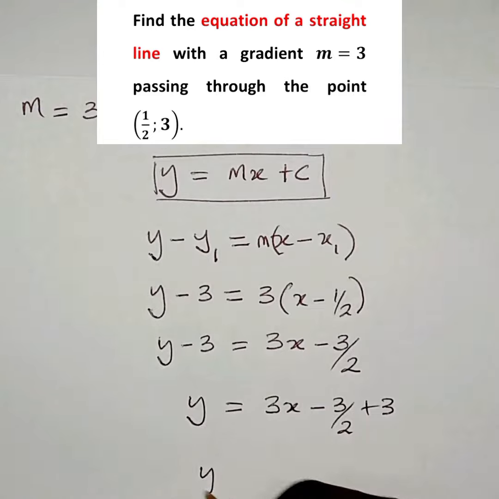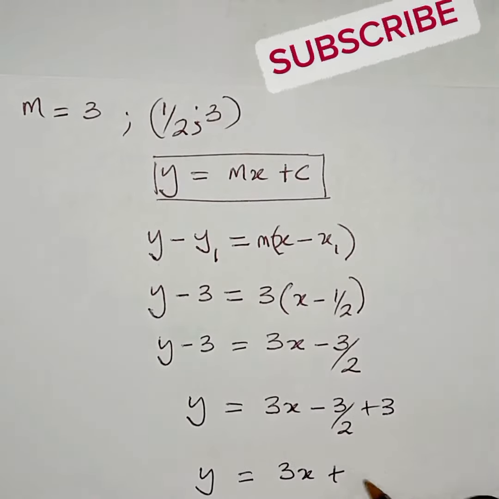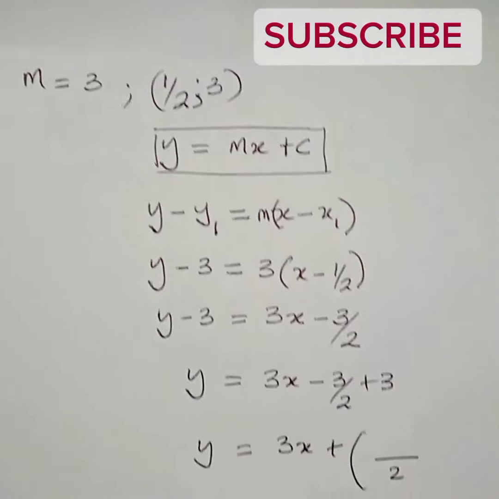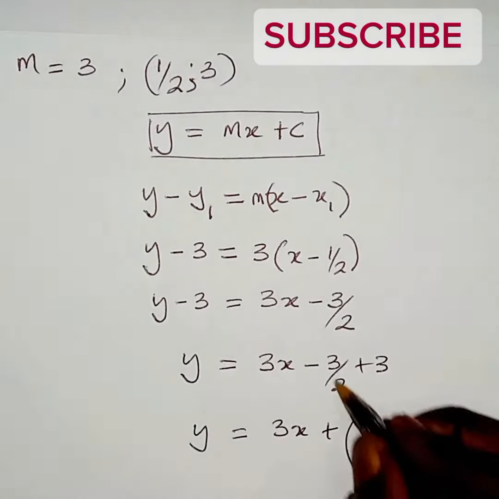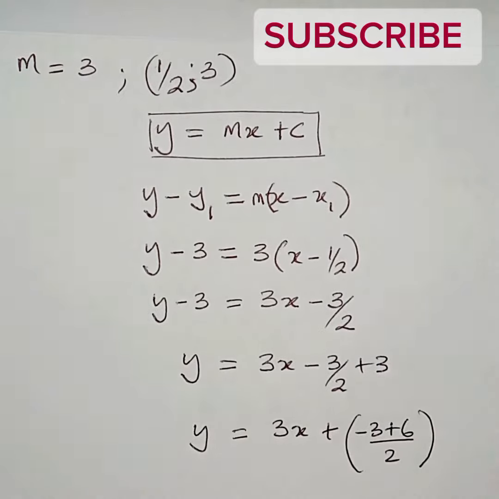Then we're going to say y is equal to 3x. If I use the traditional methods of adding fractions on that, we are going to have the common denominator is 2. So that will give us minus 3 plus 6.